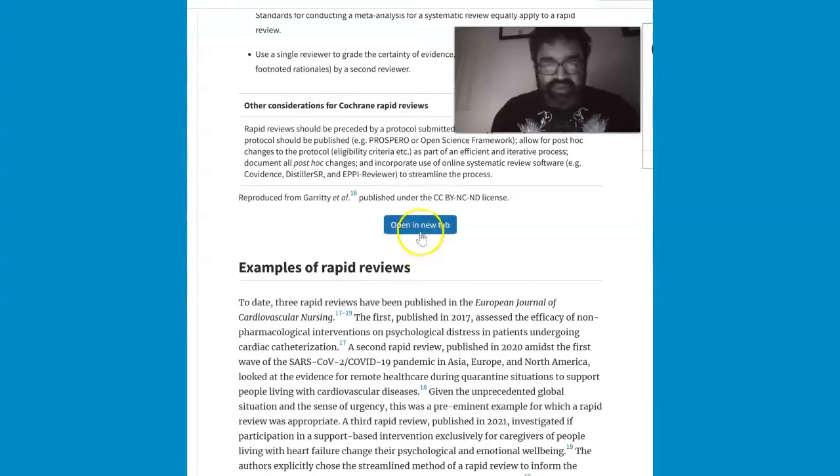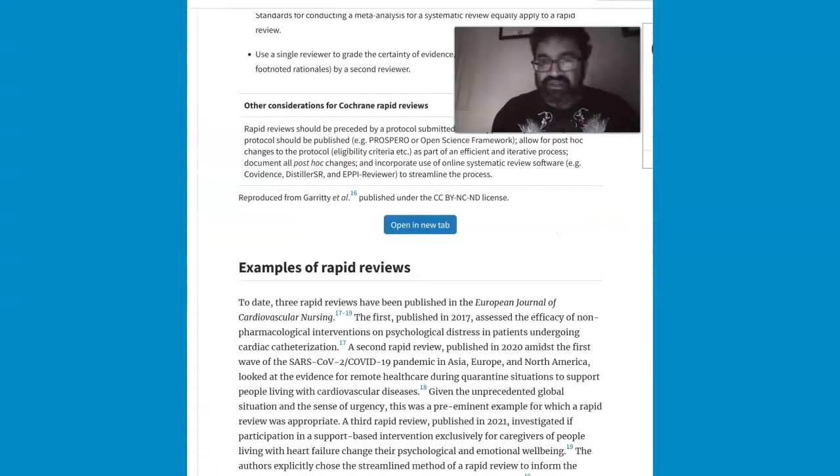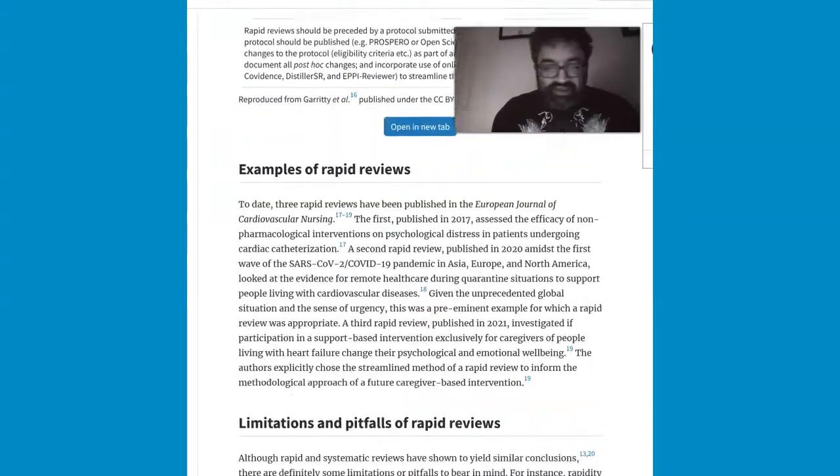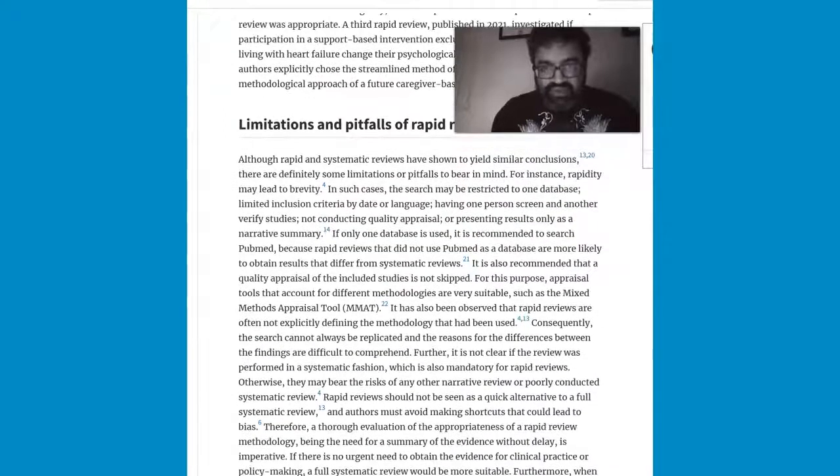So you can open this and take a look at this in a different screen, but I'm not going to belabor the point here. Here are the limitations and pitfalls of rapid reviews, and the biggest thing that they're talking about is that they have shown to yield similar conclusions. There are pitfalls like might not screen enough people, or limited inclusion criteria, things like that.